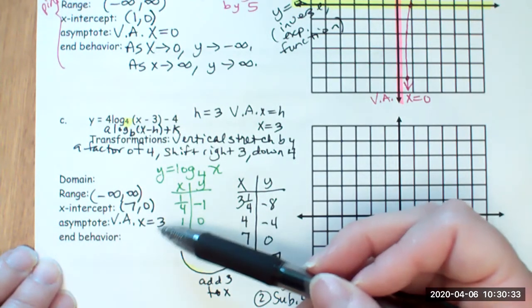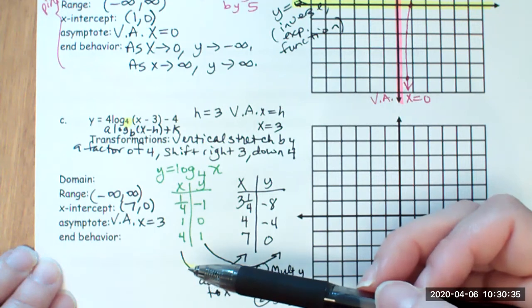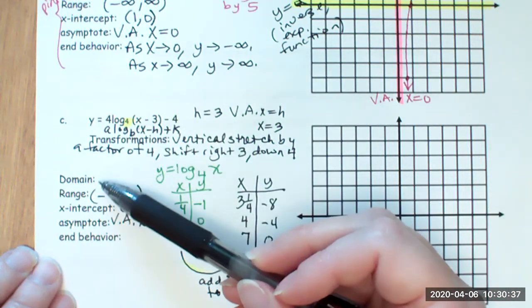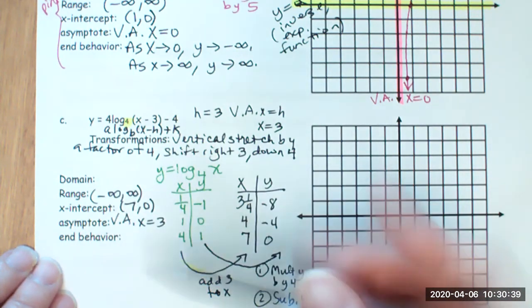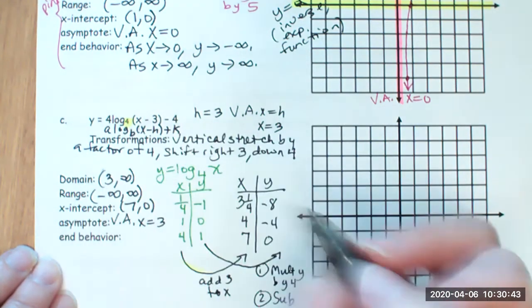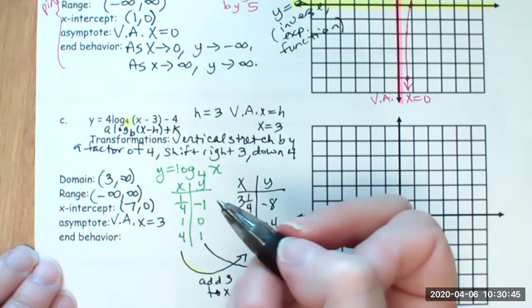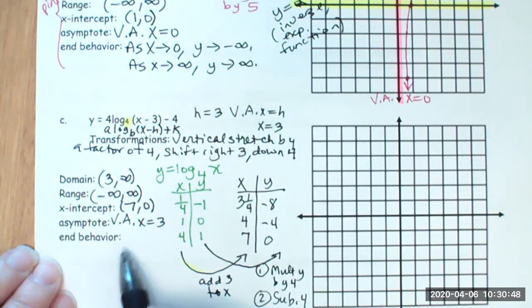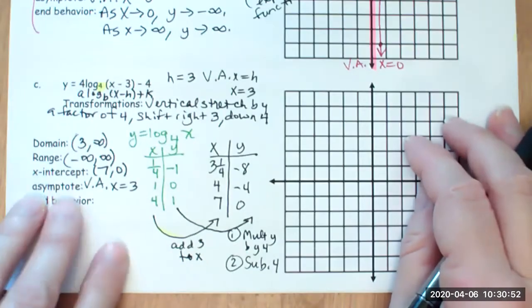You've got to put that vertical asymptote dashed in there. Okay, again, the domain changes because of that vertical asymptote, so we're going now from 3 to infinity, again with a parenthesis, x is greater than 3. And again, let's look at the end behavior after we've done the graph. Okay.